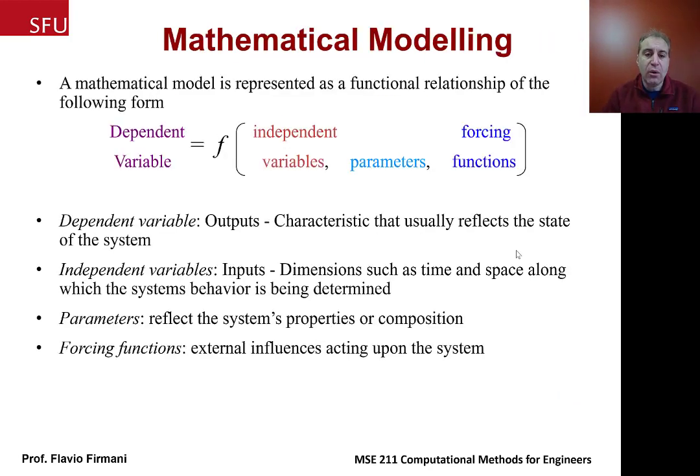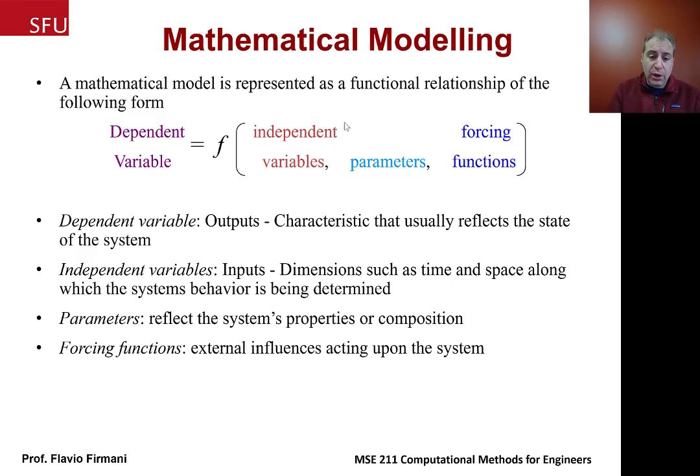So in general, all the functions that we're going to be dealing with, that we're going to be using to model a physical problem, are going to be represented in this form. We're going to have a dependent variable, which in general is going to be the output, which is going to reflect the state of our system. And this is going to be a function of the independent variables, which are going to be our inputs, such as time and space.